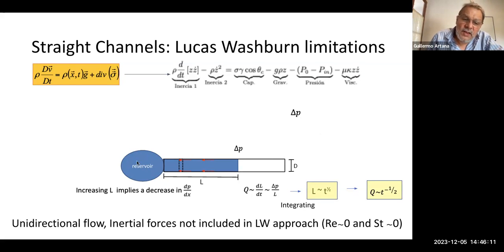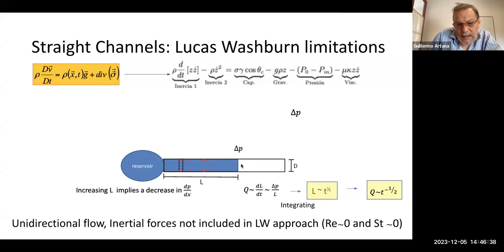Concerning the real pressure that you have in the inlet, there's a discussion there, but I will not give too many details here. What is important to look at is that you have different pressures related to capillarity between this point and this one.